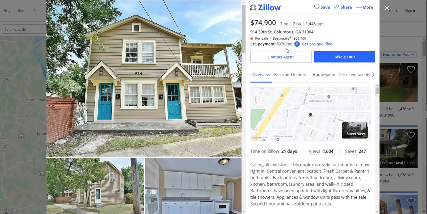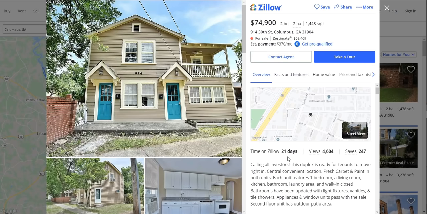Now I need to point out that in this Zillow estimate, this $370 a month that they're showing here, they're taking this Zestimate, the Zillow estimate of the price. They're assuming that you put 20% down, and this price also includes not only principal and interest, but taxes and insurance as well, which I'll show you that breakdown in a moment.